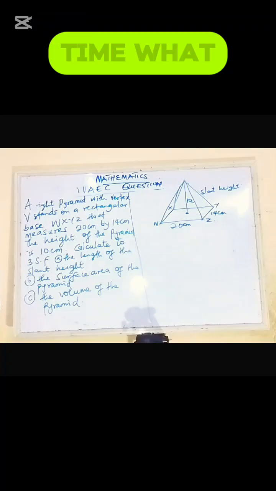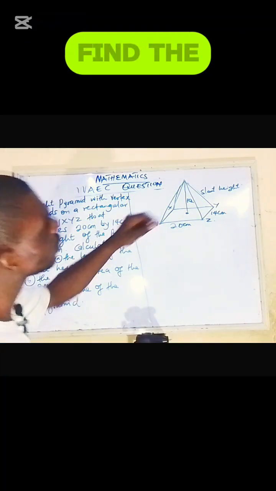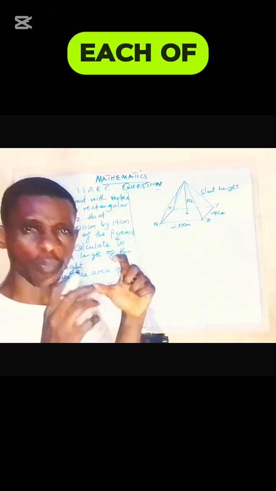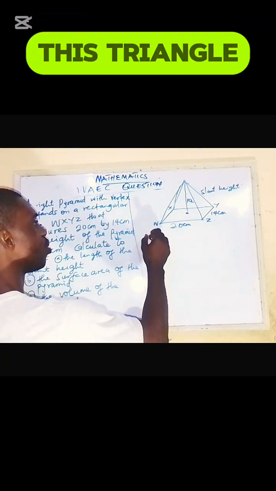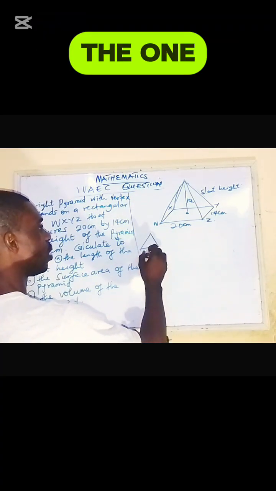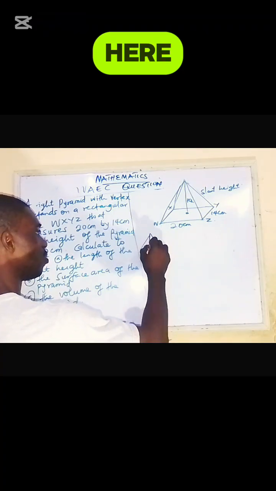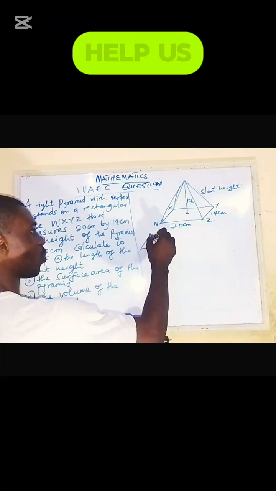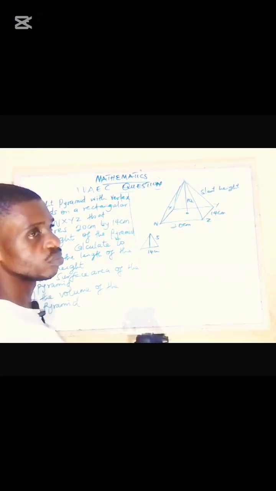Now, for the first time, because we are going to need the surface area, I need to find the height of each of the triangles. If I bring one of these triangles out, there are two kinds of triangle here. The one that has 14 as a base has a height here, which will help us find the slant height that we are looking for.